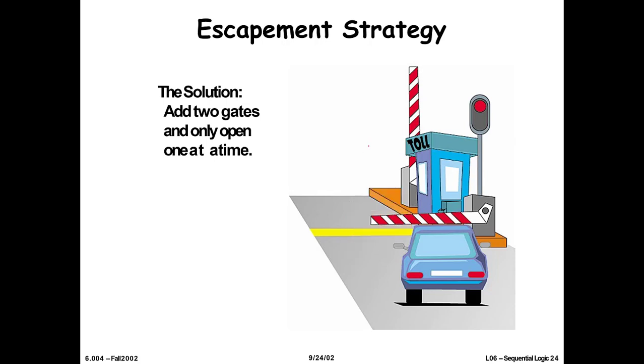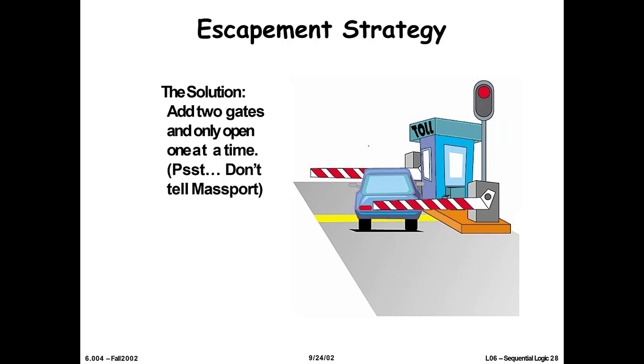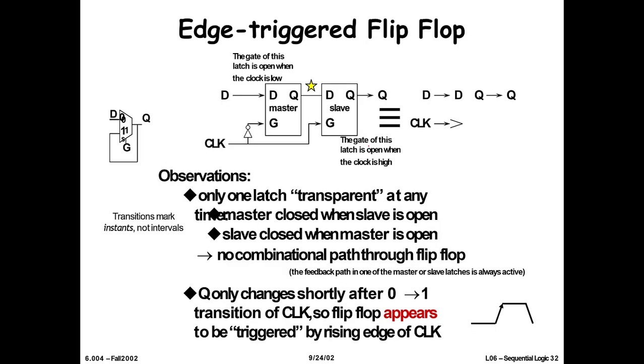So this two-gate strategy can be used to stop people who try to move away without paying any taxes. This is sort of a simulation of how it works.